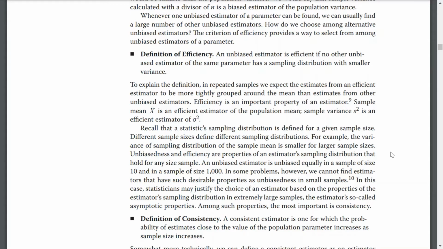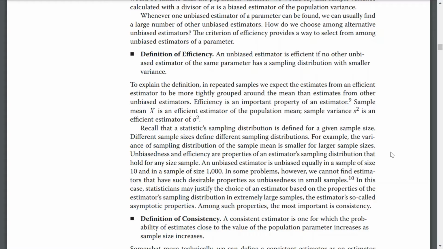Efficiency is an important property of an estimator. A sample mean x bar is an efficient estimator of the population mean. A sample variance s squared is an efficient estimator of the population variance sigma squared.